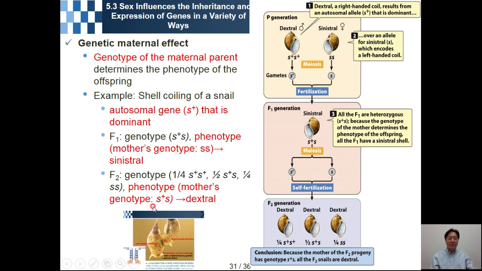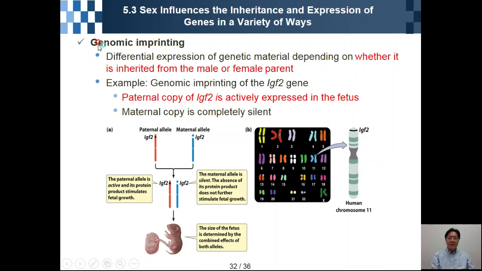Okay. In this slide, we will see genomic imprinting. In Korean, we call it 각인. So genomic imprinting means differential expression of genetic material depending on whether it is inherited from the male or the female parent.